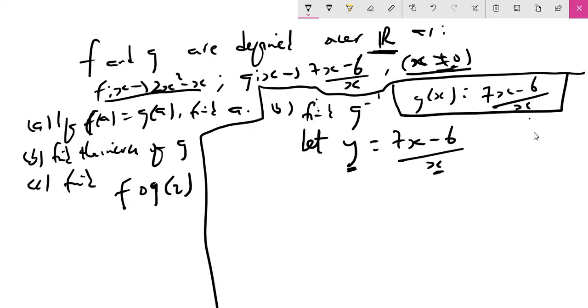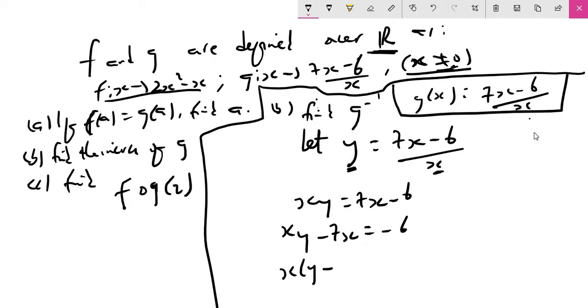First we cross multiply to get xy equals 7x minus 6. Then we gather like terms: xy minus 7x equals minus 6. Then we factorize x out to get x times y minus 7 equals minus 6.